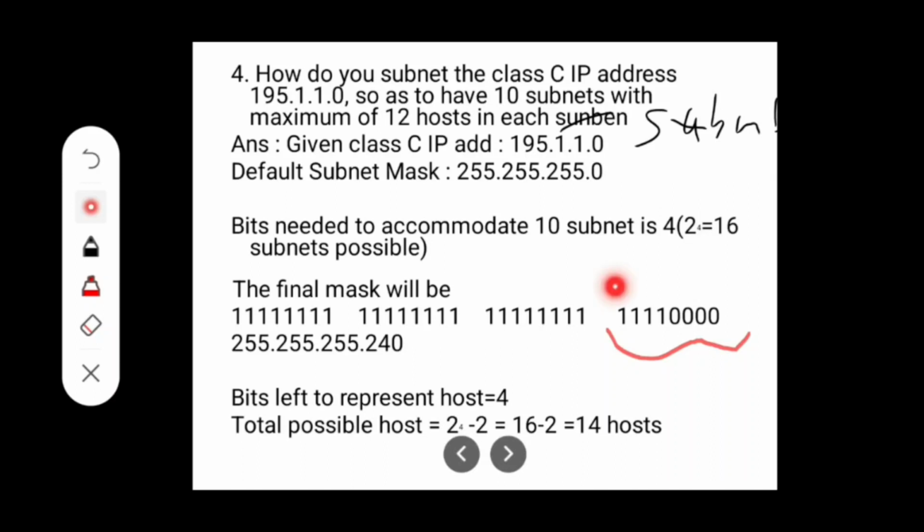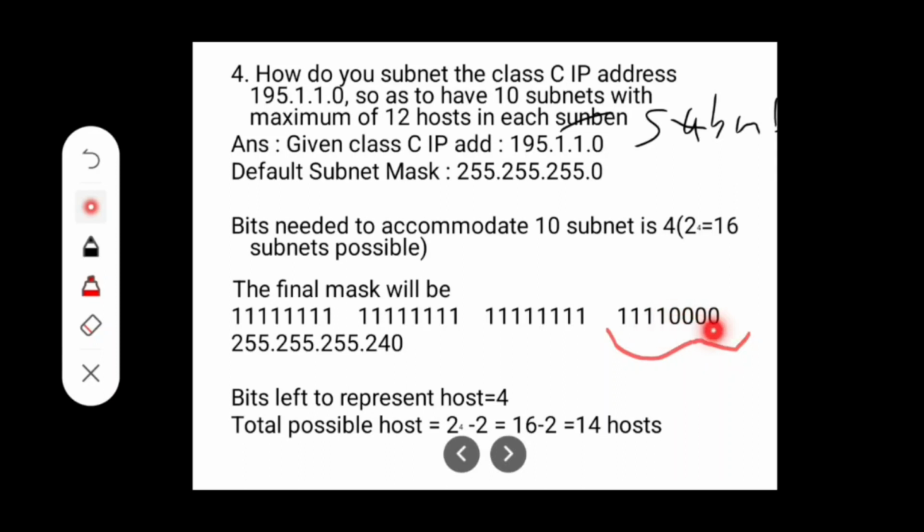If the first 4 bits are 1, then the remaining 4 bits will be 0, 0 0 0 0. These remaining 4 bits will be the number of bits for the host.